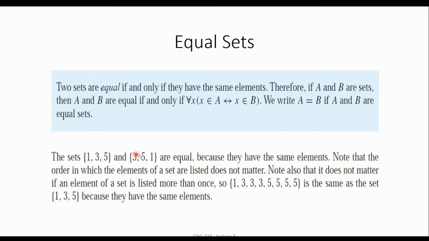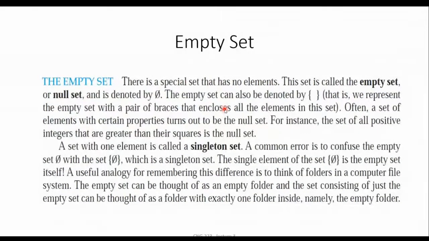Or even when you have repetition of the same elements, like this set is exactly the same as this one and this one, because based on the definition, for example, 1 belongs to A, and at the same time, 1 belongs to this set. So these two sets are equal based on this definition. See? The frequency of an element doesn't matter. The sets are equal if that's the case.